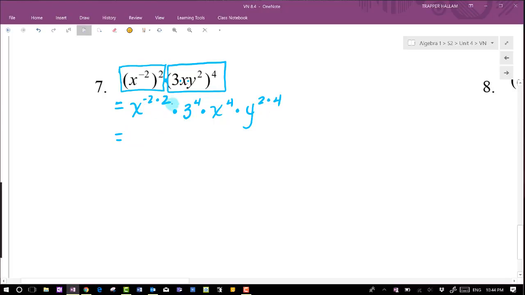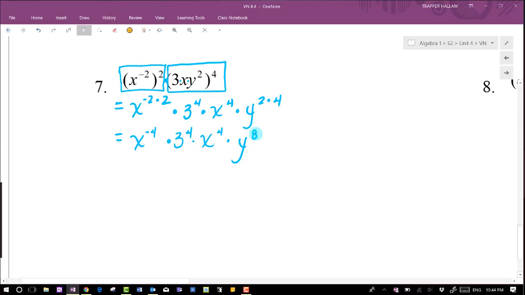If I look at this, I'm going to go ahead and clean up each individual piece before I do any more. So x to the negative 2 times 2 is going to be x to the negative 4th. Again, we're going to wait on the negative exponent right now. 3 to the 4th I could multiply out, but I'm going to leave it right now just so I can see it that way. X to the 4th, there's nothing to complete or simplify on that. And then here I'm going to have y to the 2 times 4, or 8th.